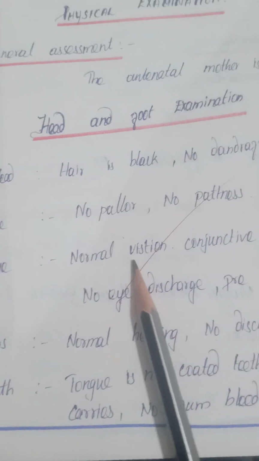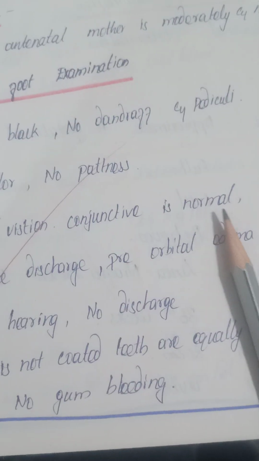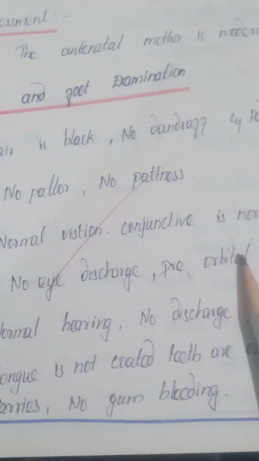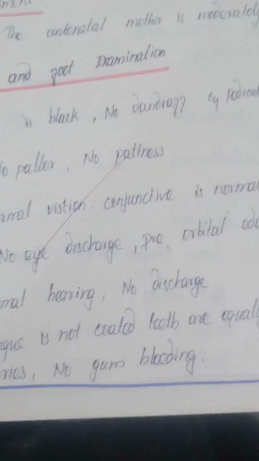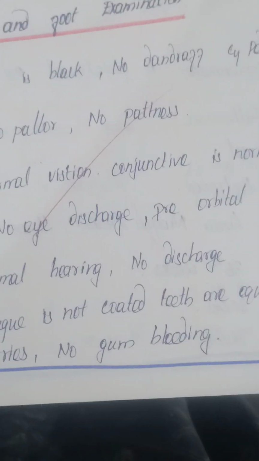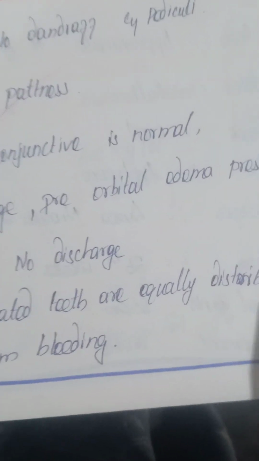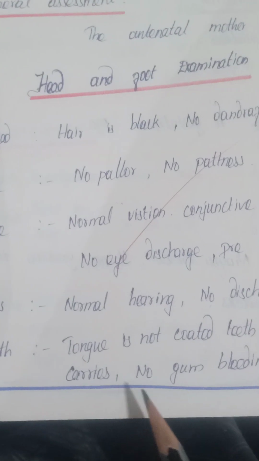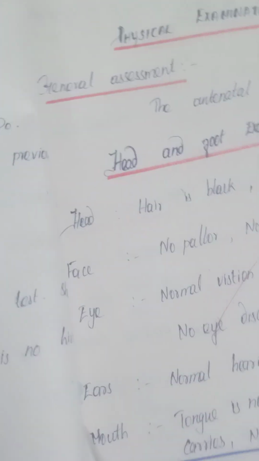Then eyes, normal vision, conjunctiva is normal, no eye discharge, periorbital edema is present. Then ears, normal hearing, no discharge. Then mouth, tongue is not coated, teeth are equally distributed, no dental caries, no gum bleeding.